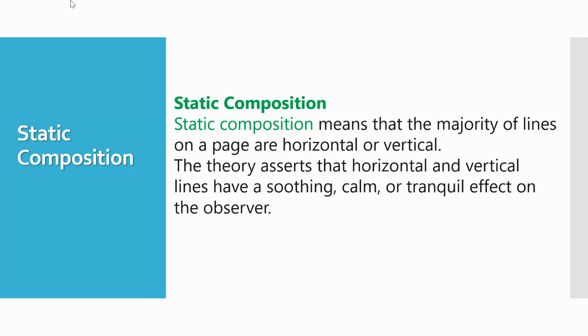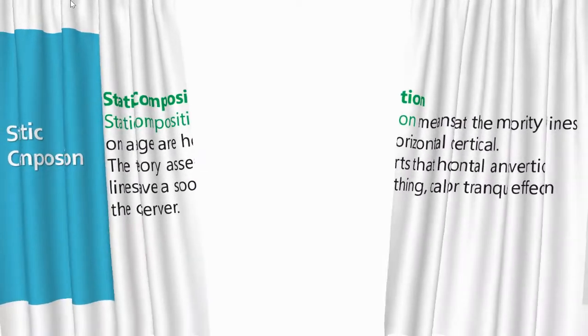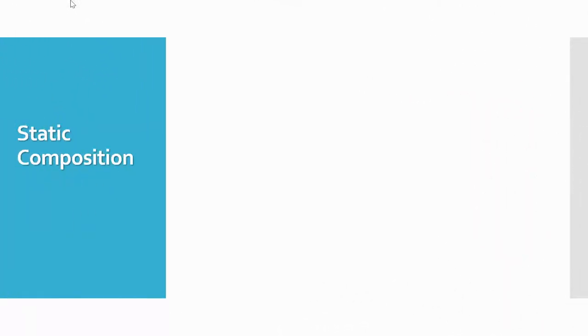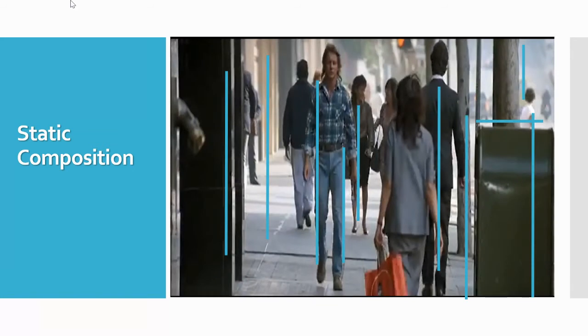The theory asserts that horizontal and vertical lines can have a soothing, calm, or tranquil effect on the observer. So if you want to build up suspense, you start with very horizontal and vertical heavy lines, then move on to diagonals and so forth to create horror, suspense, and all this. So let's draw our lines and look at an image, right?